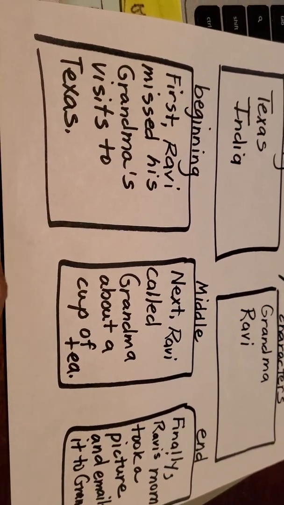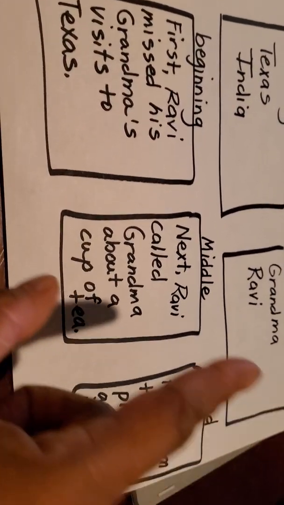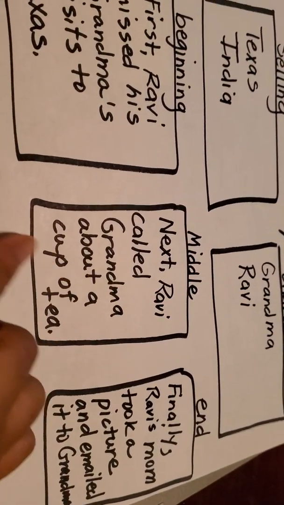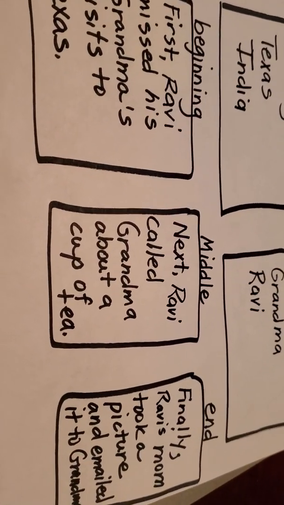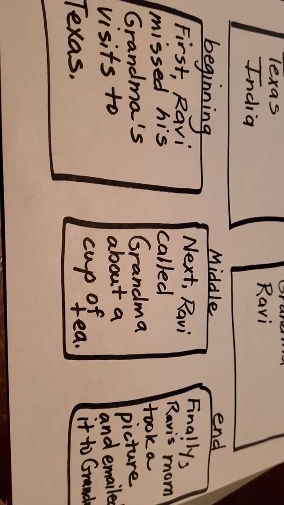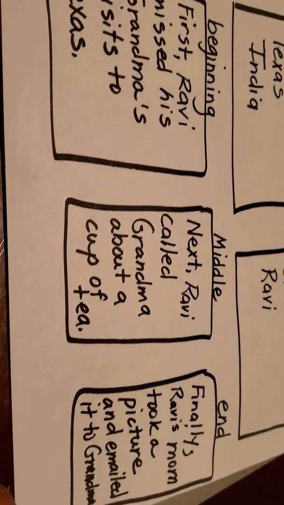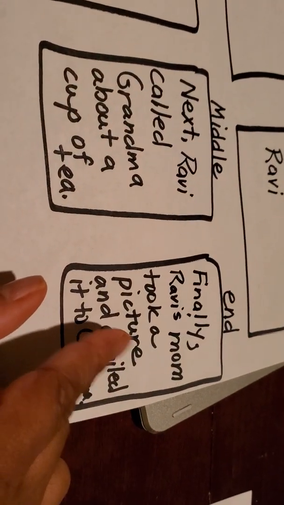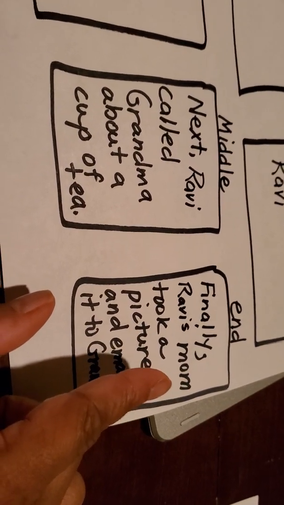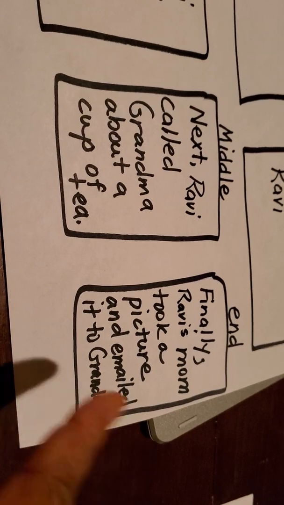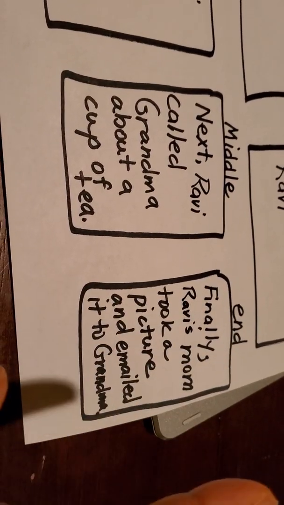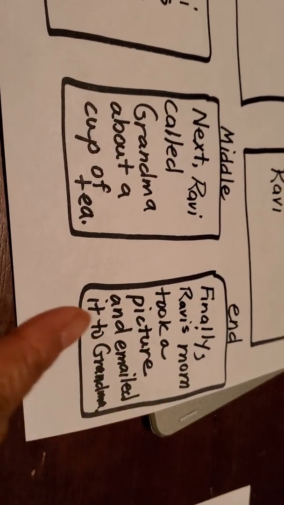Because she was older, she couldn't travel that much. Then, or next, Ravi called Grandma about a cup of tea. They used to drink tea when he was younger, and he just missed those things that he did with Grandma. And then at the end, Ravi's mom took a picture of him drinking the tea, and then she showed Ravi how to email it to Grandma.